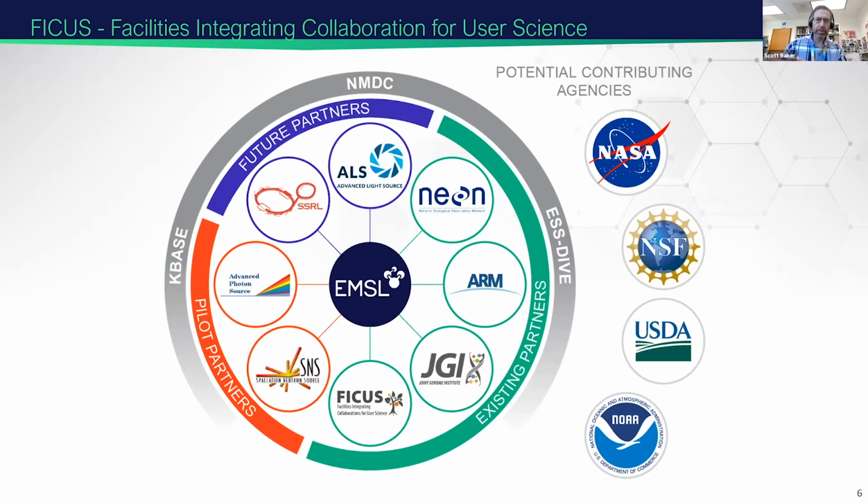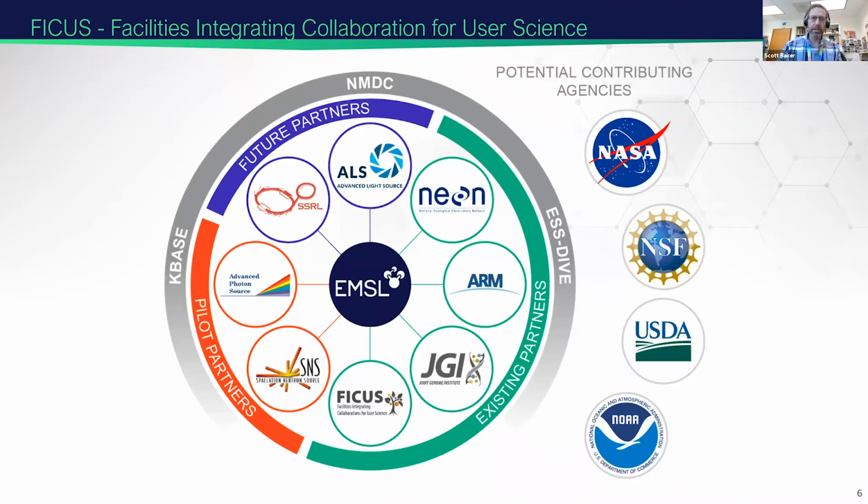So that's in addition to JGI has its own calls for proposals, EMSL has its own calls, but we have this combination call. And we're constantly working with other facilities to grow the ability for research scientists to access multiple different types of resources.